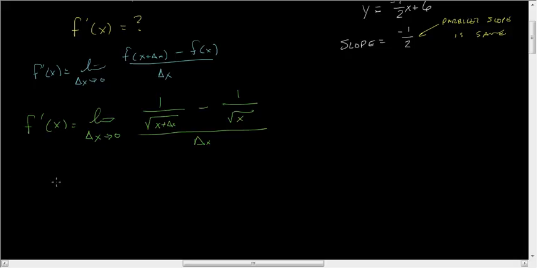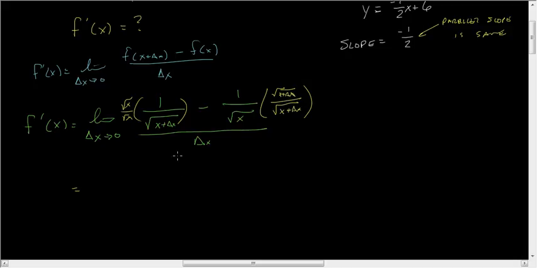So I'm going to get a common denominator. I'm going to multiply this one by root x on top and bottom, and I'm going to multiply this one by root x plus delta x on top and bottom. Then I'll have a common denominator of root x times root x plus delta x.